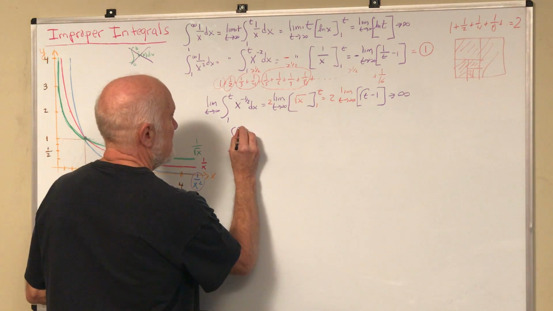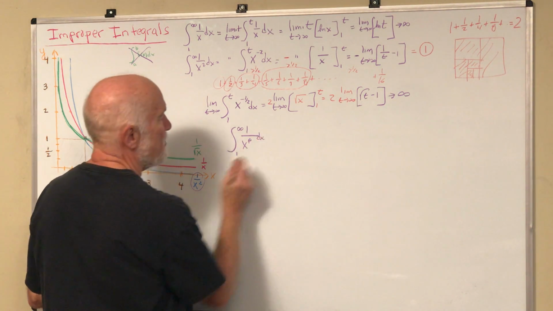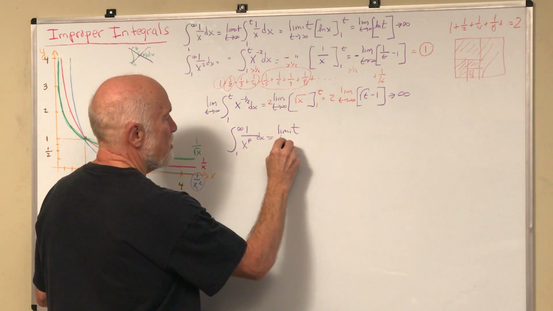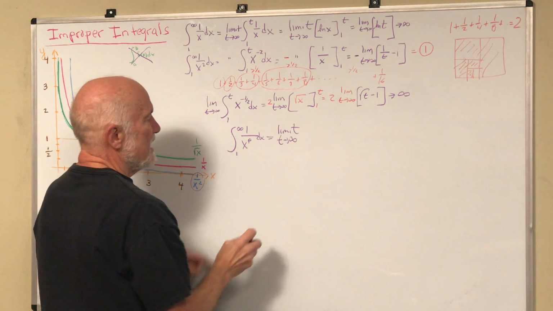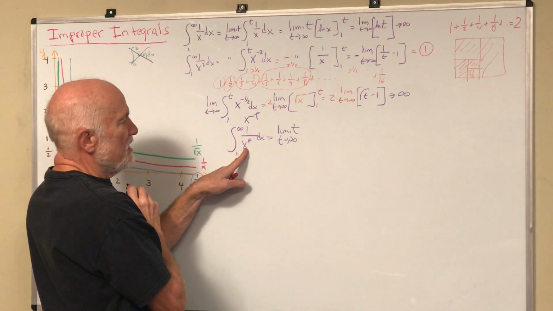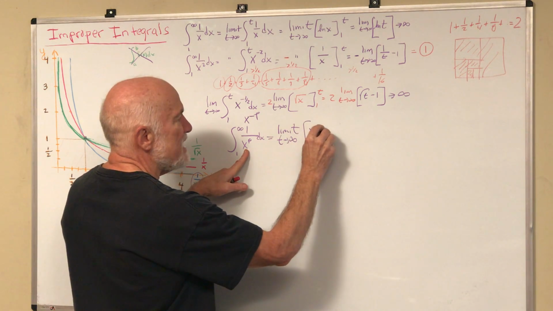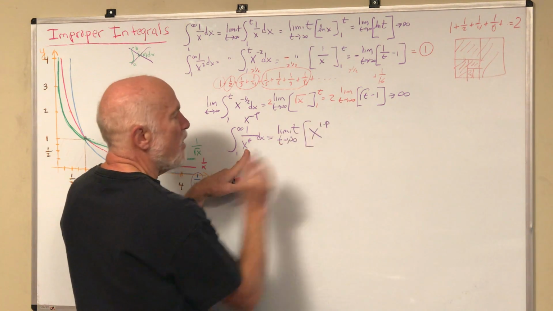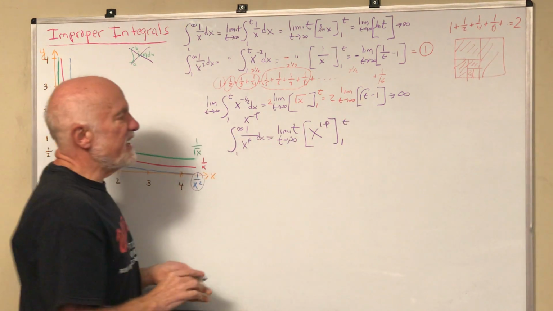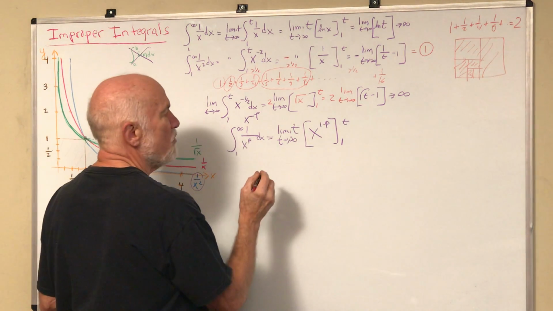So this is going to be a little bit tougher, but we can still do it the same way. We take the limit as t approaches infinity, and this is going to be x to the negative p. So if I take the antiderivative I'm going to get x to the negative p plus 1, and then I have to divide by 1 minus p.